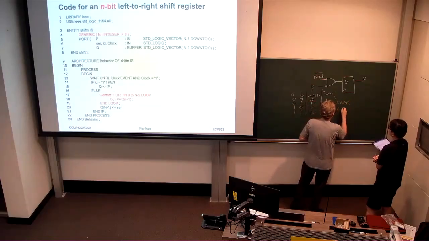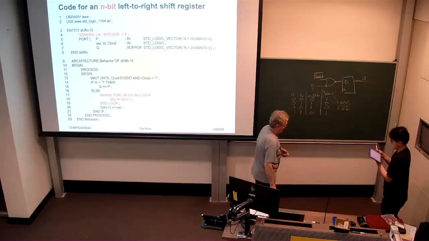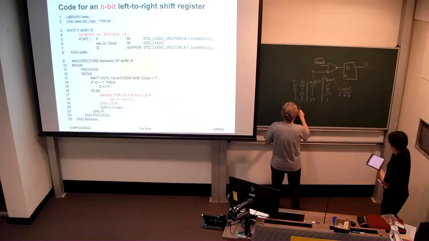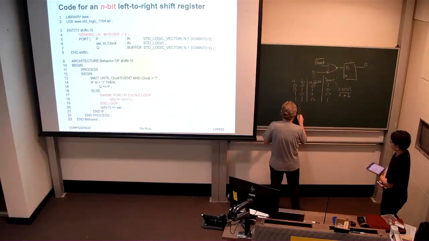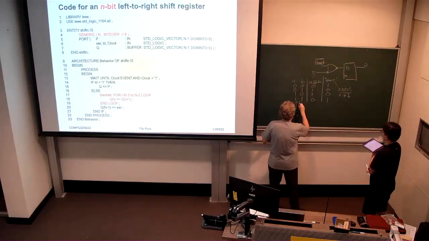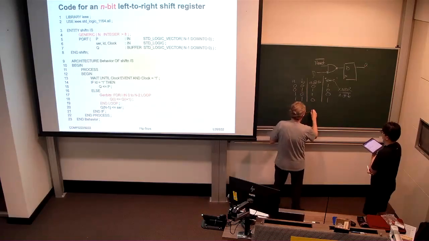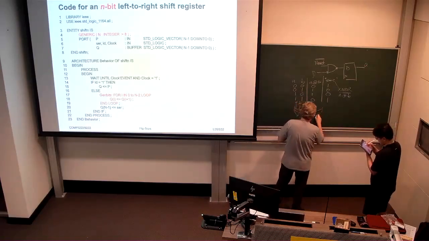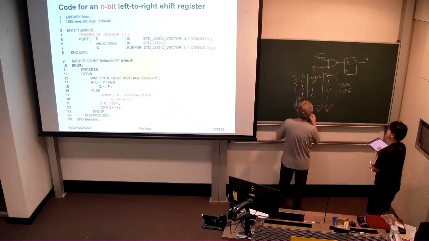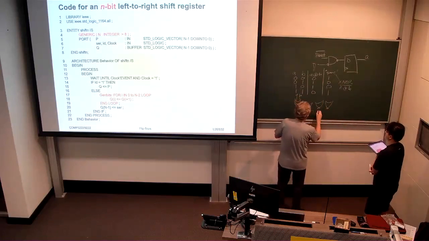which is A exclusive NOR B, right? And I just need 4 of them. But you've got to wire these together.